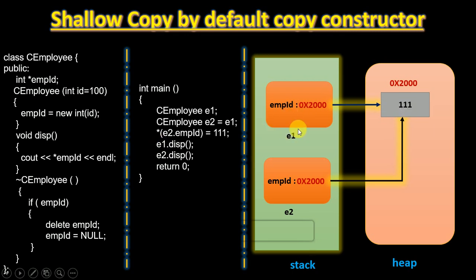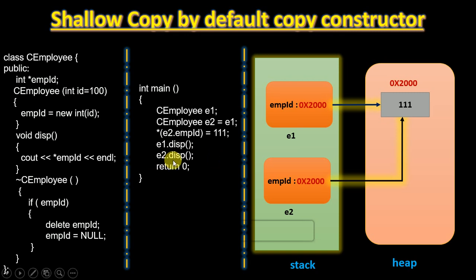Even if you do E1.EMP ID, it will affect E2's employee ID. If you are doing E2.employee ID equals some value, it will affect E1's employee ID. Because both objects are sharing the same memory location because of the shallow copy, which we can also call bit by bit copy, which is done by the default copy constructor provided by the compiler.